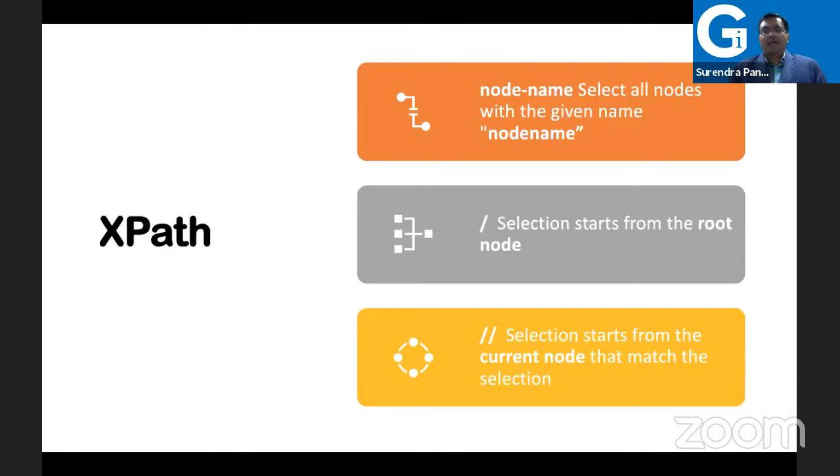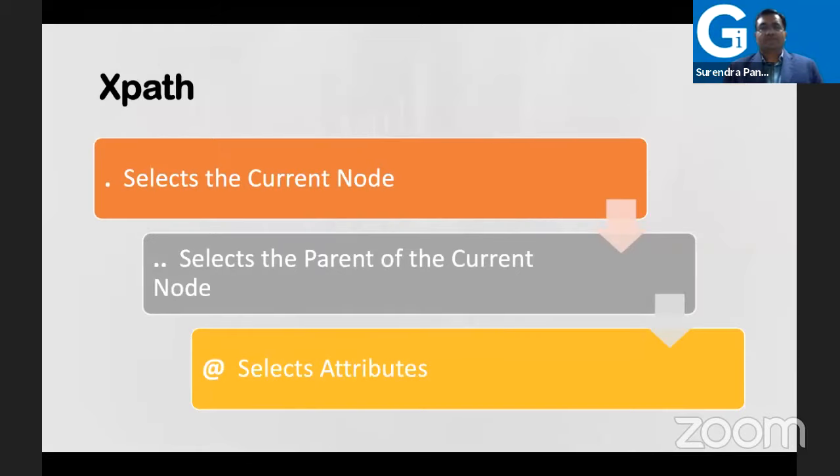We can also access the absolute path or relative path here. You can also start from the current node, so we can say the relative path. Double slash is there for that. We'll understand again what the dot is. If you want to access the current node, we say dot. Two dots means accessing the parent node.